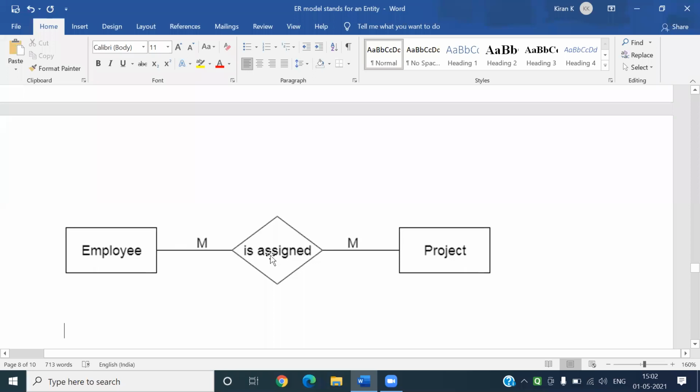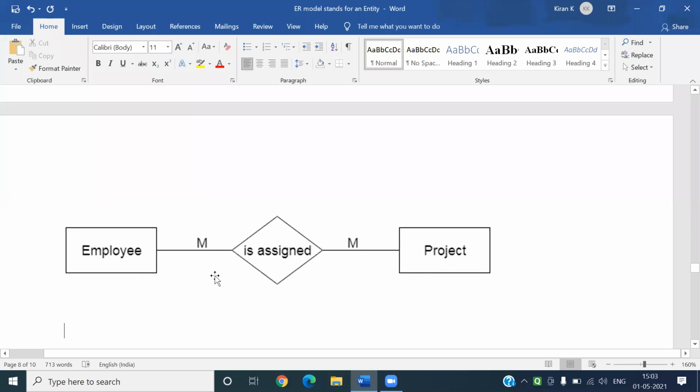An employee is assigned many projects. In the year 2020, he was assigned one. In the year 2021, he was assigned another project. In the year 2022, he will be assigned another project. Similarly, a project may be done by not a single employee but many employees.